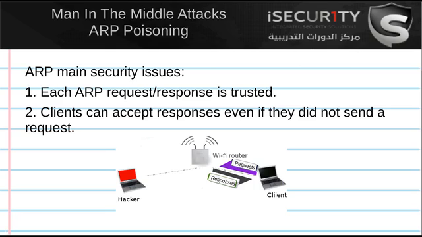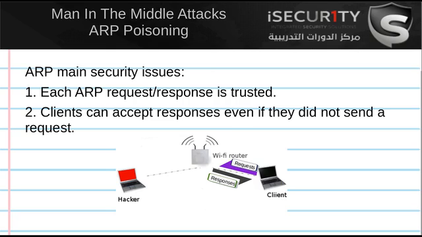ARP has two main security issues. The first one is that each ARP request or response is trusted. So whatever my device says to other devices in my network will be trusted. I can just tell any device that's with me on my network that I am the router, and the device will trust me.